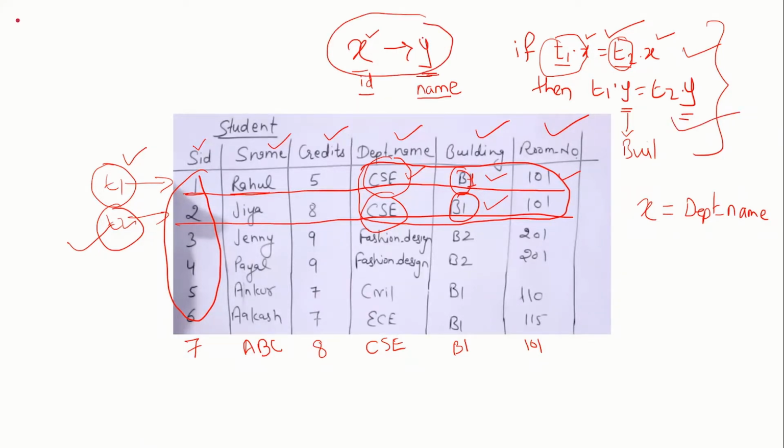If it were B2 here, then it would not be functionally dependent. They are not dependent on each other. Understood what functional dependency is now? Clear? Any doubt within this? What is the functional dependency?